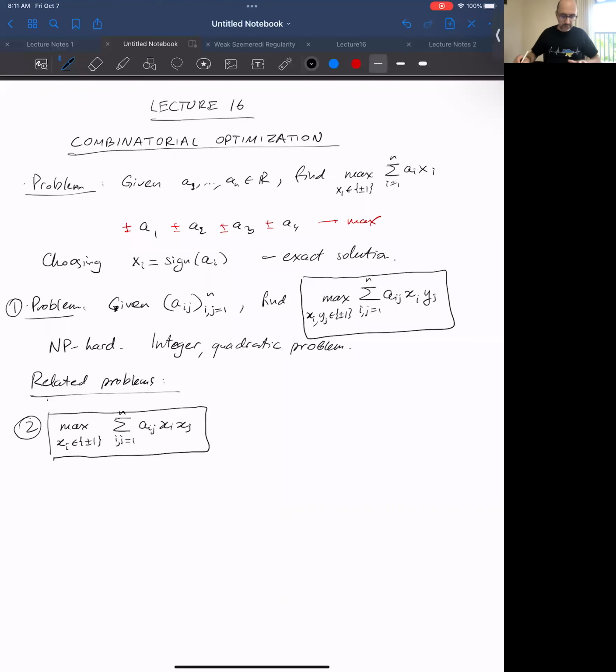This is still NP hard. It doesn't simplify anything. So it's maximizing the quadratic form over the Boolean cube. It is still a hard problem.